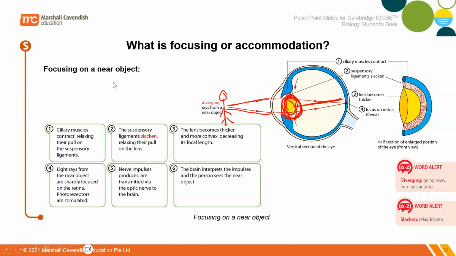Yes يا عمر. هو مش السسبنسوري ligaments they're not muscles صح؟ Suspensory ligaments is a ligament لا not a muscle.